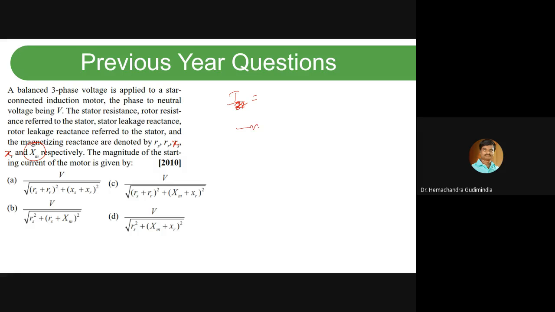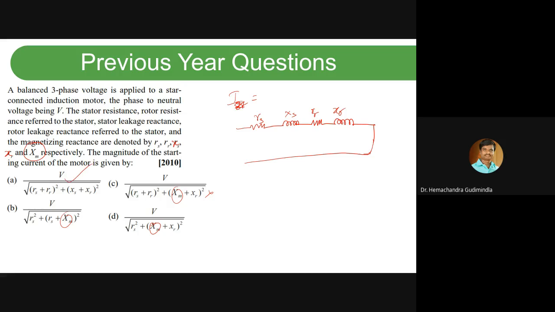So here Rs, Xs, Rr, Xr, because in the starting condition the current will be 5 times higher than the full load current. So it depends on Rs, Xs, Rr and Xr. It is independent of the shunt branch. The magnetizing reactance doesn't show any effect, so Xm should not be here.